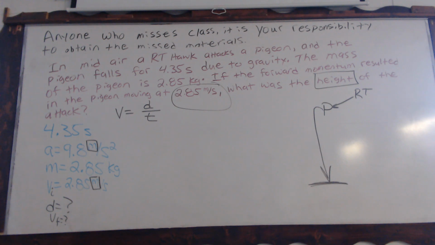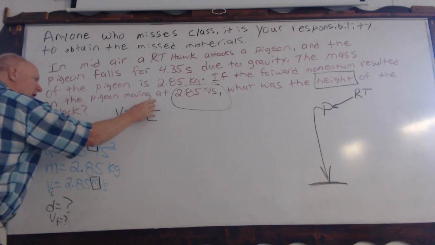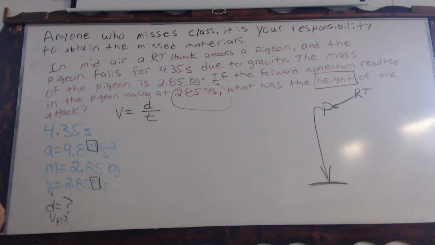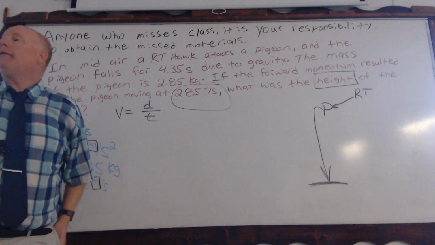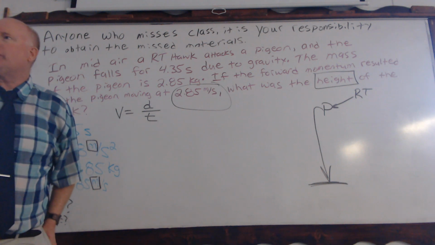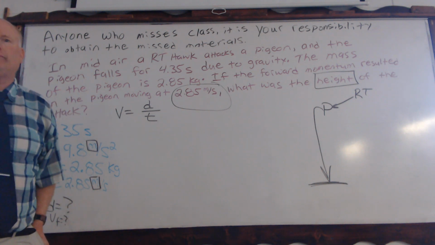Okay. So, what are we going to do next? Can we go straight into this portion or that formula? No. You're correct. Why not? We have to have the final velocity. So how are we going to solve for that final velocity?